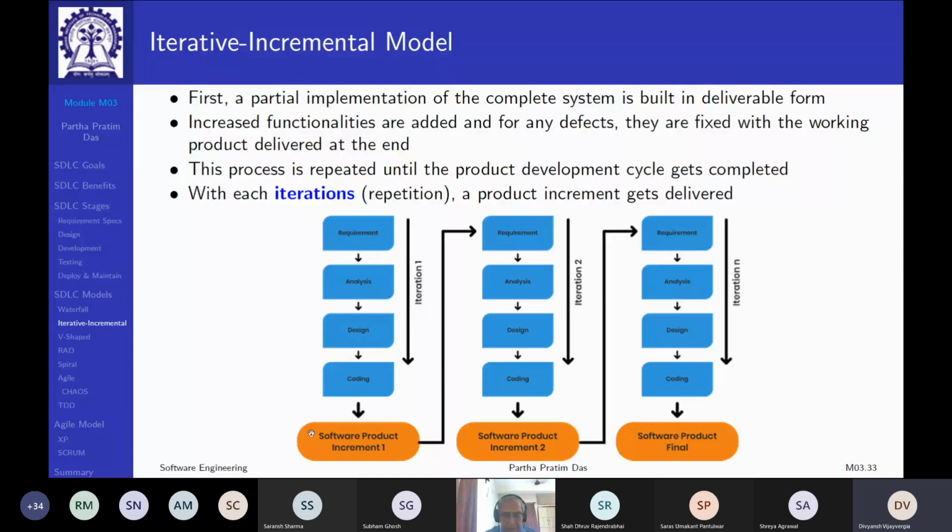And you have some functional product ready, which you go back to the customer to demonstrate. Then, based on that demonstration and feedback and the original requirements, you define or refine the requirements for the next iteration, and you keep on doing that, as many iterations as you have planned.